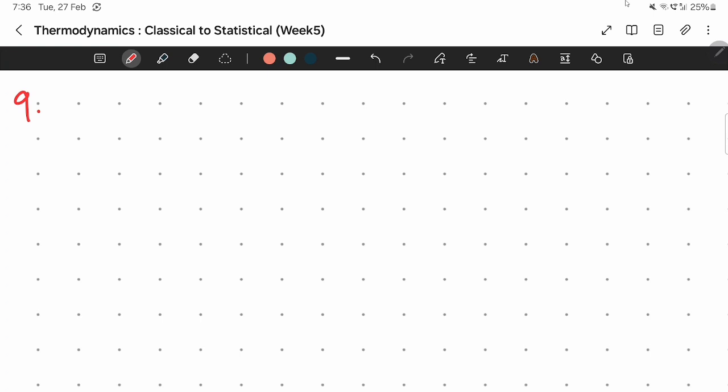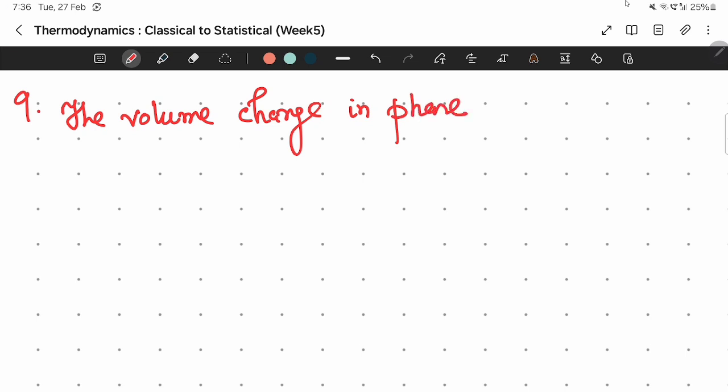Question number 9. The volume change in a phase transition is 0.